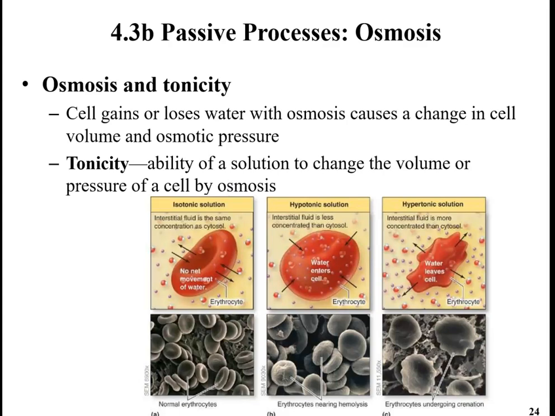Osmosis and tonicity. So the cell gains or loses water with osmosis, and this causes a change in the cell volume and the osmotic pressure. And osmotic pressure is just the pressure that water is exerting. Tonicity is the ability of a solution to change the volume or pressure of a cell by osmosis.